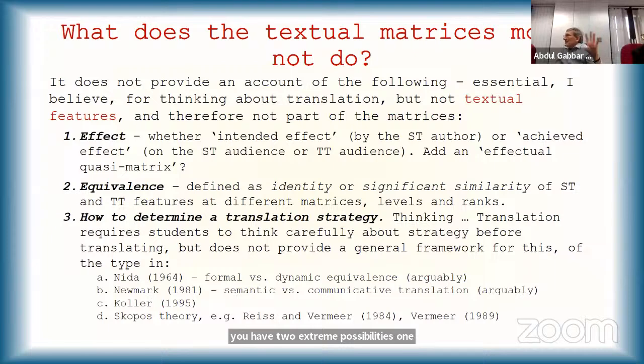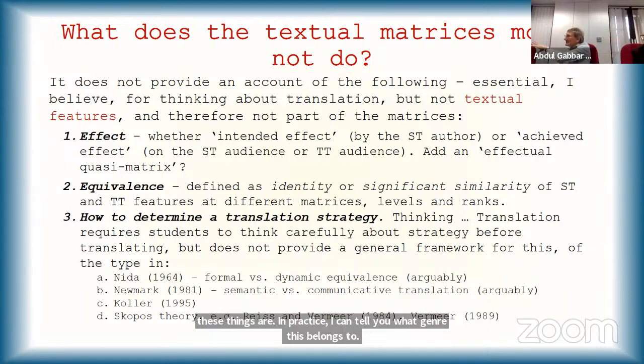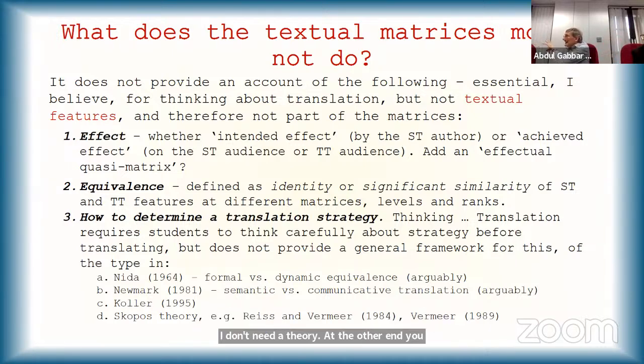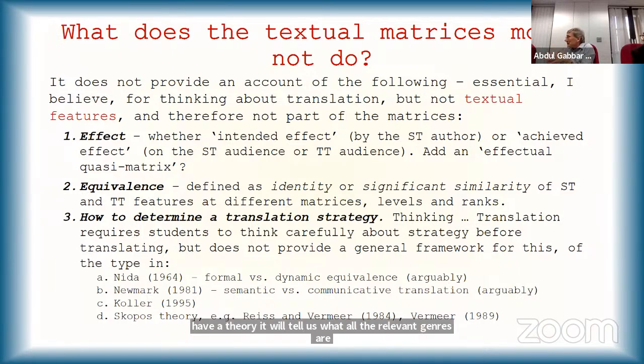well, we have a practical idea of how these things are. In practice, I can tell you what genre this belongs to. I don't need a theory. At the other end, you have the view that actually we really need a theory, and if we have a theory, it will tell us what all the relevant genres are. And some approaches in the middle.